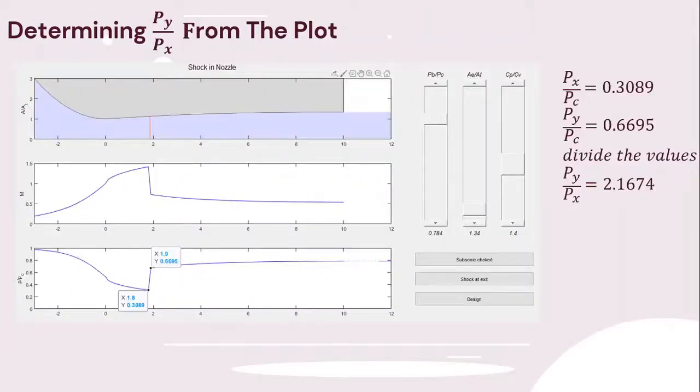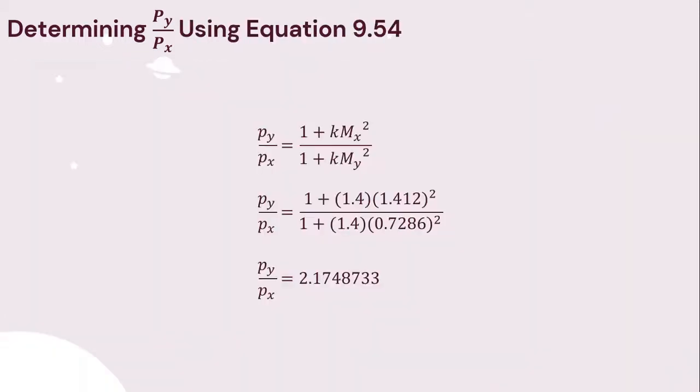So the next one is to determine the value of py over px. The first one is from the plot. In the plot, we cannot get the value of py over px directly, so we need to divide the value of py over pc by px over pc, and then we get that py over px is equal to 2.1674.